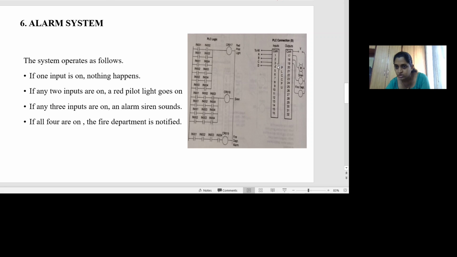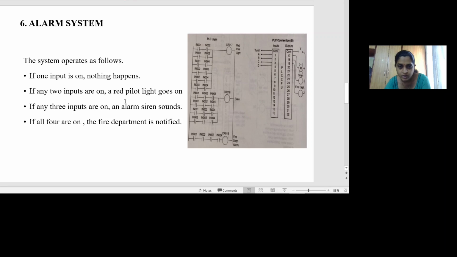Here you can see in the connection diagram, I have taken four inputs A, B, C, D. On the output side, I have connected a fire department notification, a siren, and a red pilot light. These are connected at the output terminals. Now we'll see the ladder diagram here.